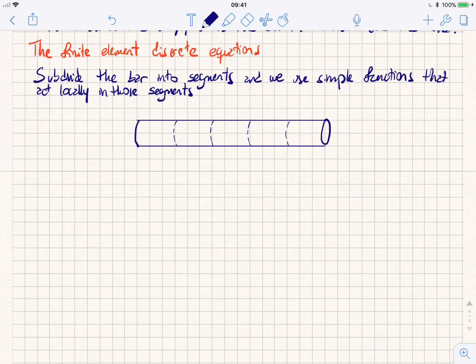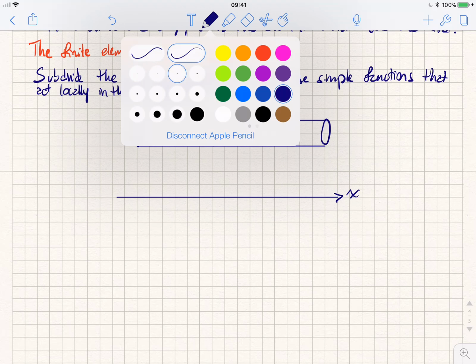And what we're going to do now, imagine that this is your, let's say, x-axis. And what we want to do is to represent functions locally. And so let's use another color.